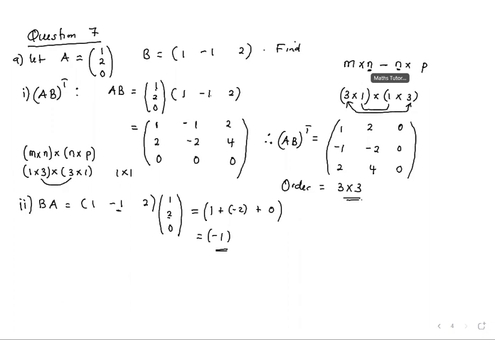So my assumption is that we are revising. I hope we are revising. B, A is equal to 2, 0, 1.